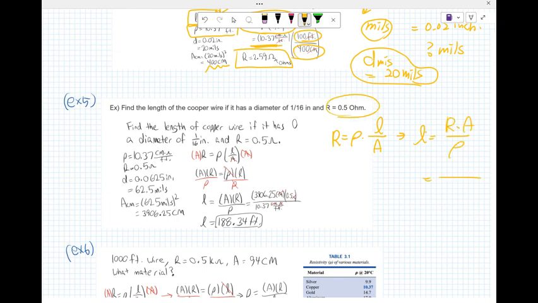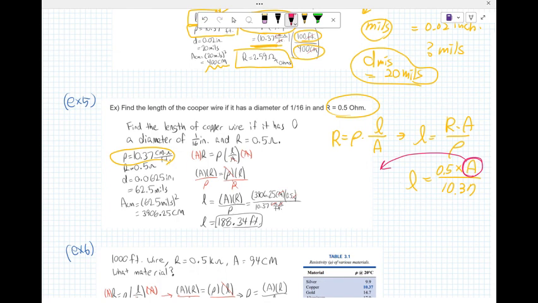R is 0.5, the A we have to find, and rho for copper is the same thing, 10.37. If we find A, we can finally find L, the length, okay?